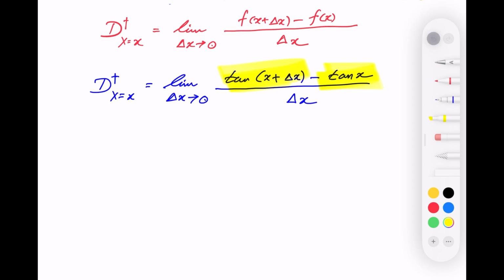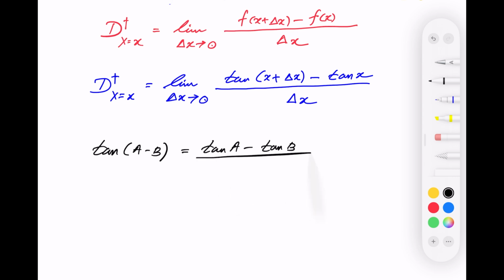However, it is not required to be done if you use an identity from trig. The identity that I'm going to use is tangent a minus b, which is equal to tangent a minus tangent b, all divided by 1 plus tangent a times tangent b.